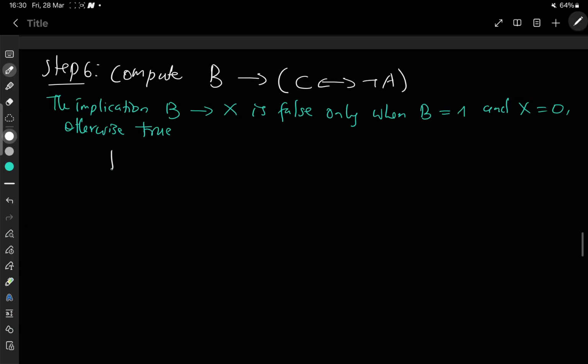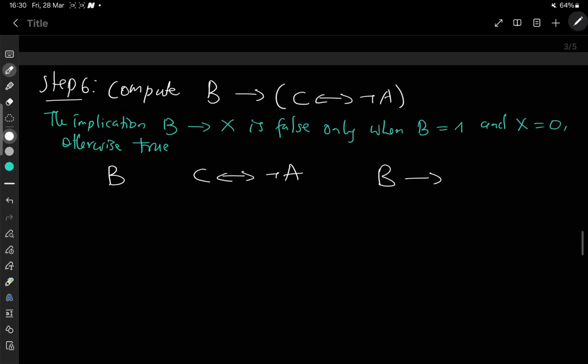We need B, we need C implied by the equivalence of the negative of A, and then we need the whole formula, B implying C equivalence of negative of A, which is actually our psi.